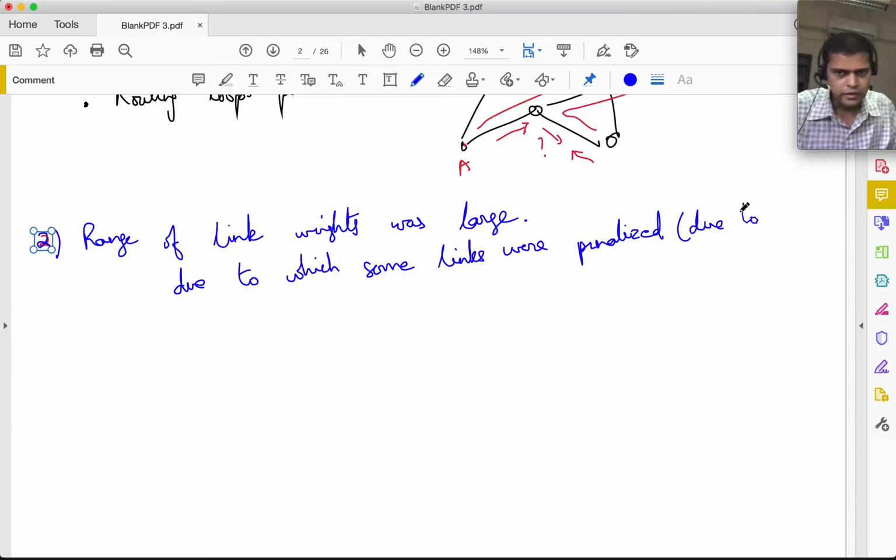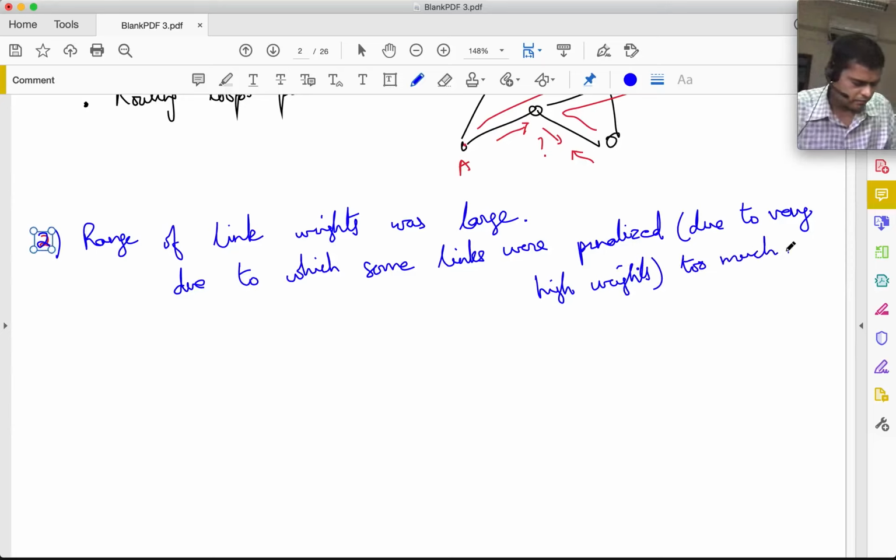And this is due to very high weights. So what did they find?